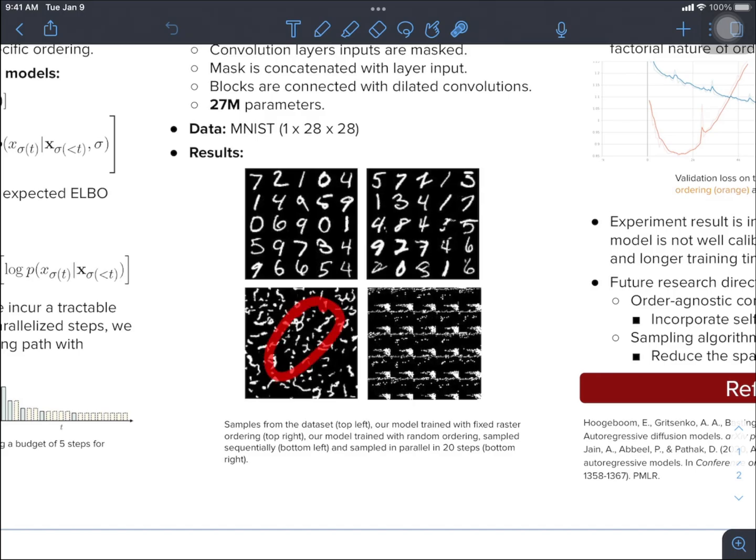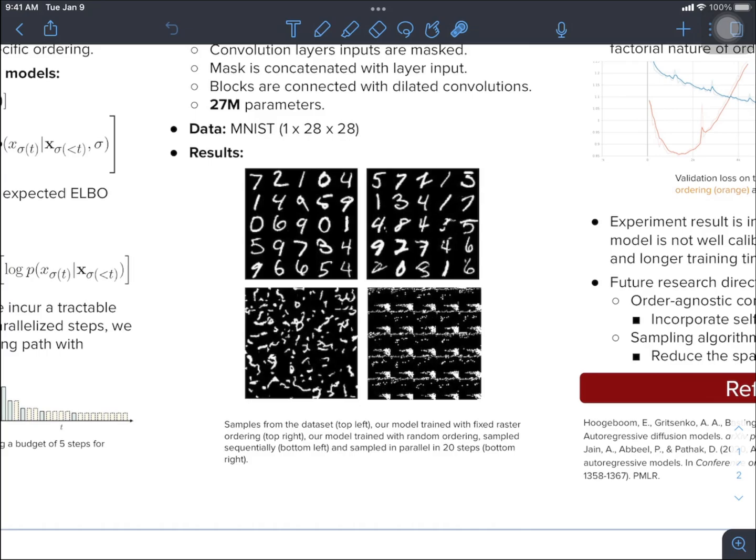The bottom left picture are samples from my model trained on random permutations and sampled on random permutations. And as you can see, the quality is very low. You can make out a few digits here and there, like an 8 here or a 9 there. But in general, it's pretty bad. And I'll explain why in a bit.